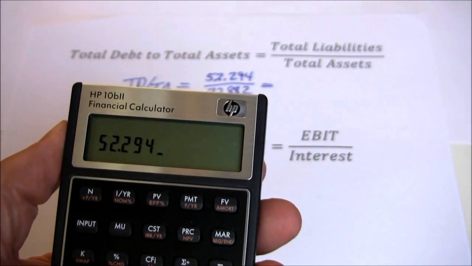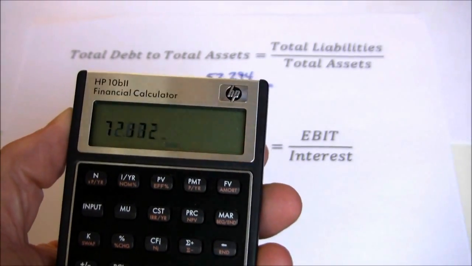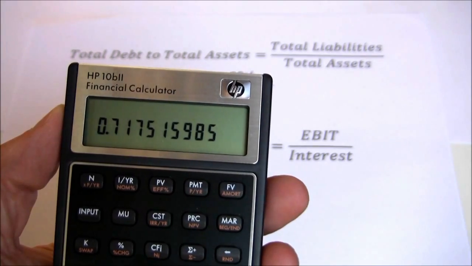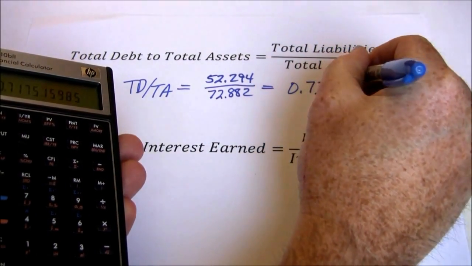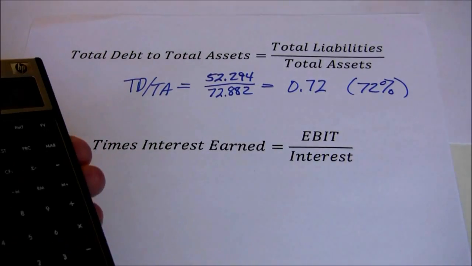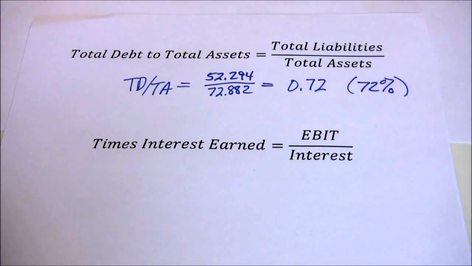Go ahead and do that calculation. And we get a total debt to total asset ratio of 0.72. Can think of that in percentage terms. 72% of our total financing is coming from debt.